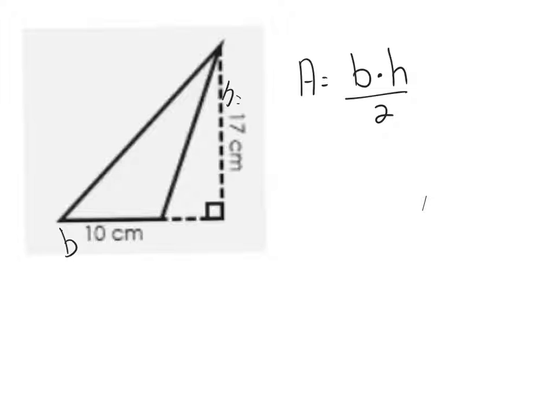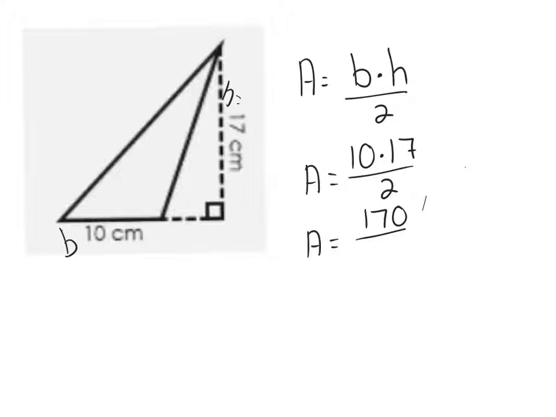And I tell my students, you can stop doing that when you get 10 correct in a row without any corrections. You can stop writing the area formula. So then we have area equals 10 times 17 divided by 2. And so then we have the area equals 170 divided by 2.